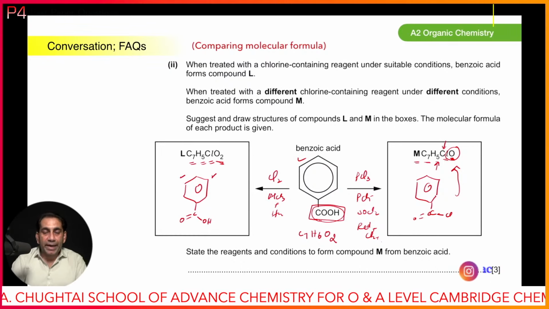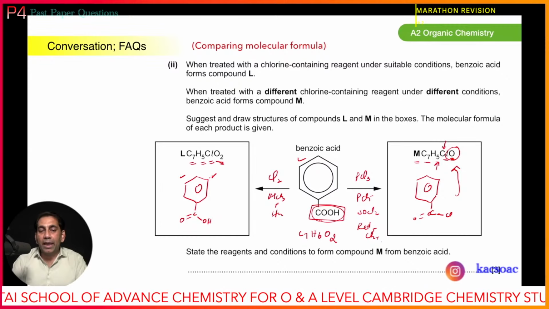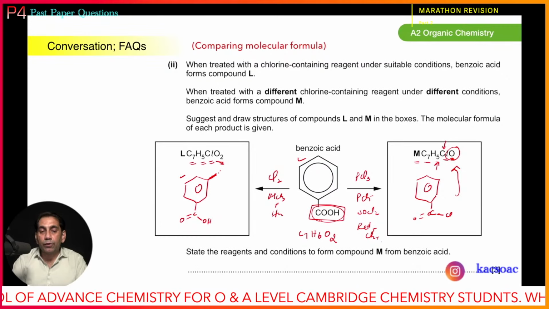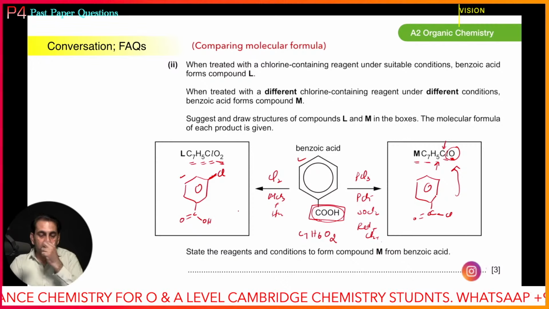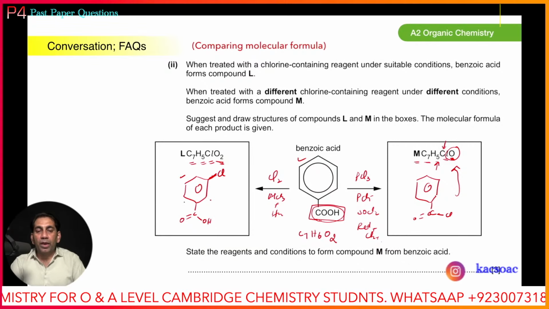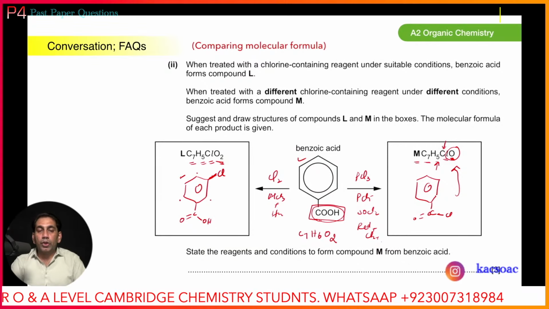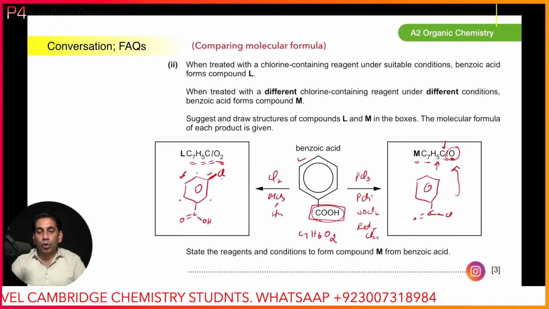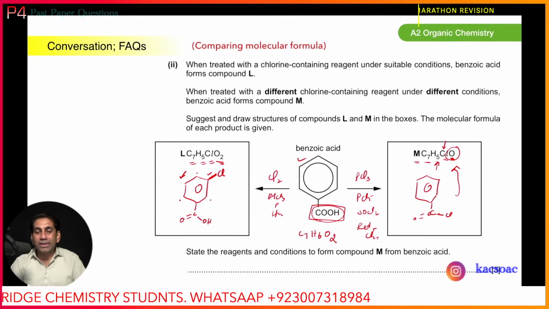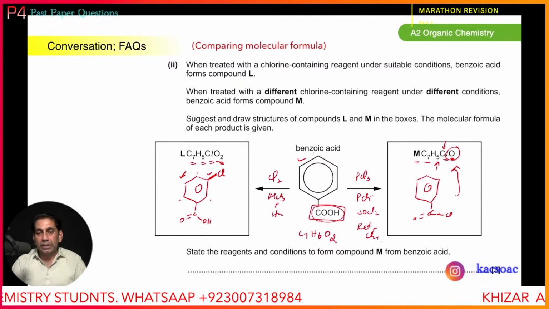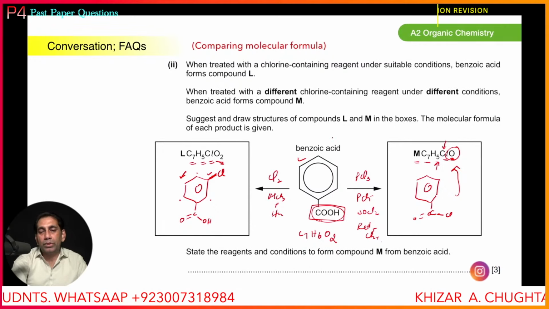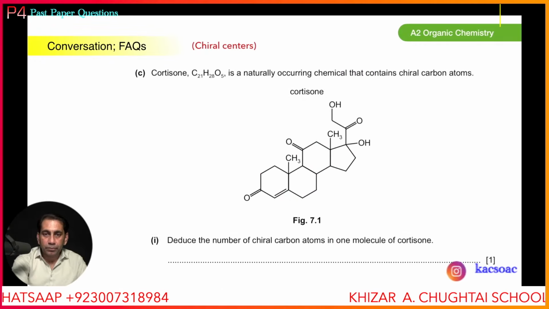It's a 3,5 director. It's going to send the incoming electrophile to the meta position. So you are not allowed to write over here, or over here. You can write Cl over here, and so on. So this is one of the possible options and answers in both cases with the reagent.